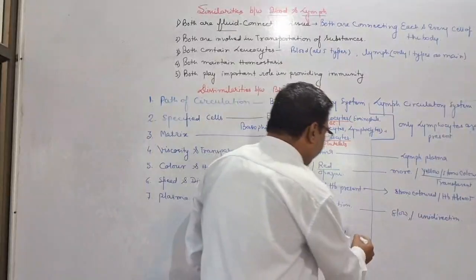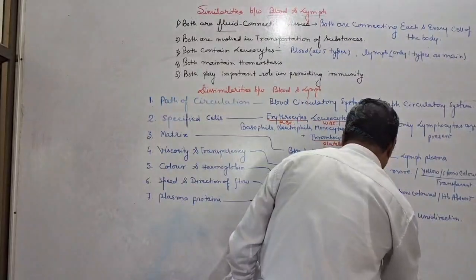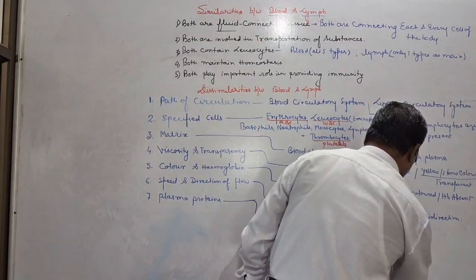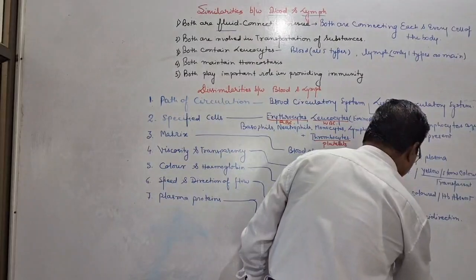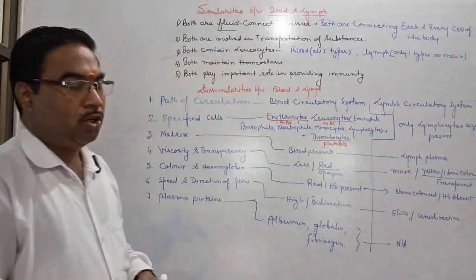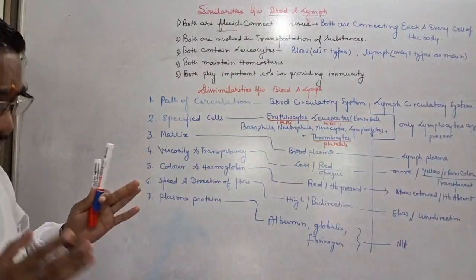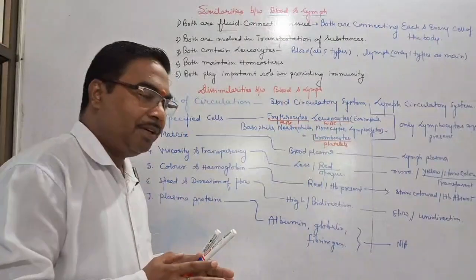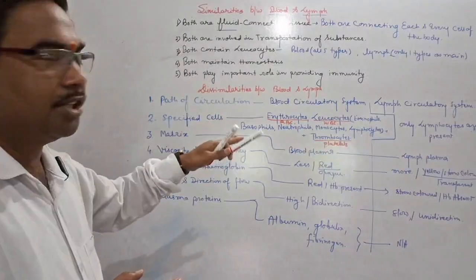Whereas no such plasma proteins are present in lymph. So to understand blood and lymph, we have to discuss all these points.